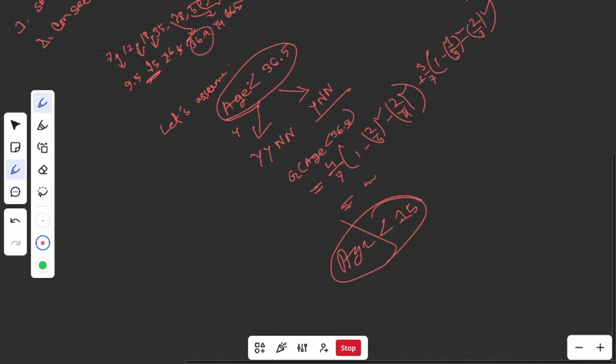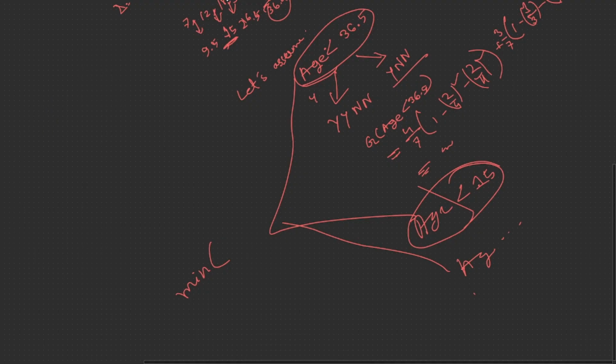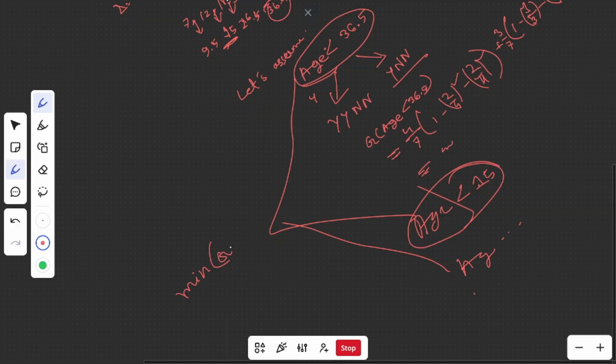Then after finding each of these, you have to take the minimum Gini impurity. Let's assume the minimum Gini impurity is 0.343.